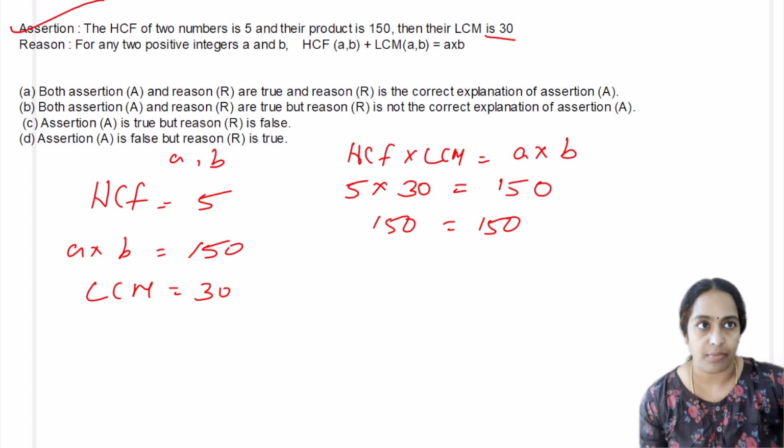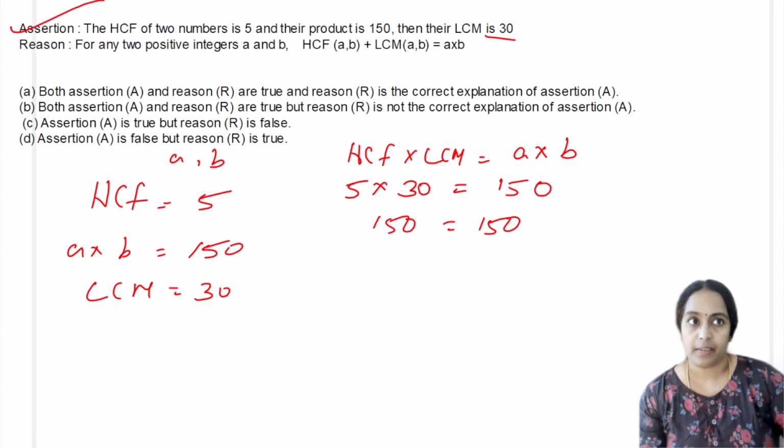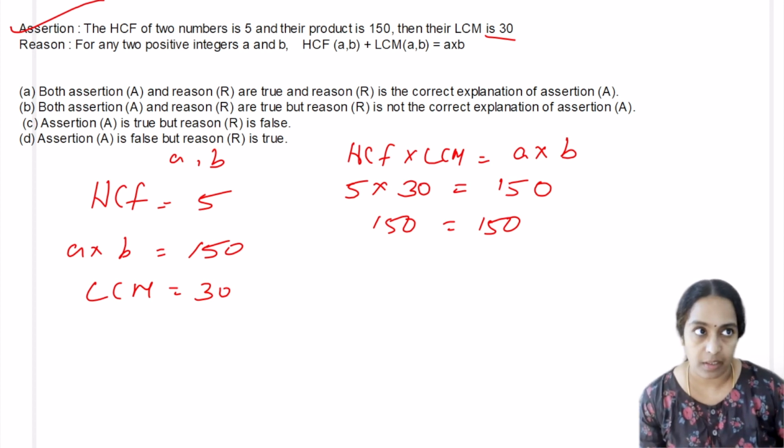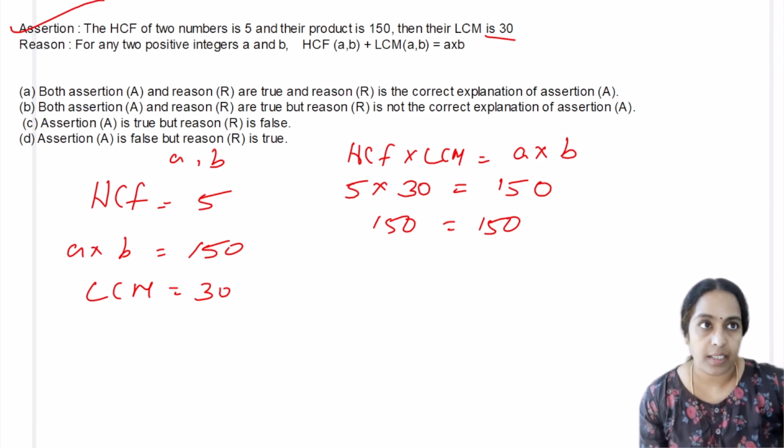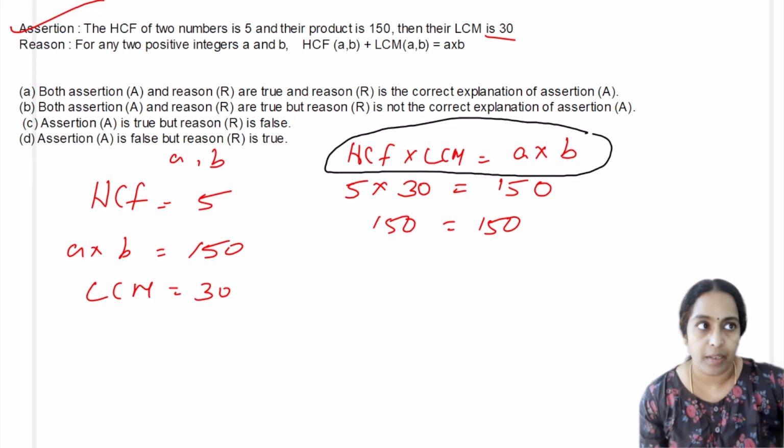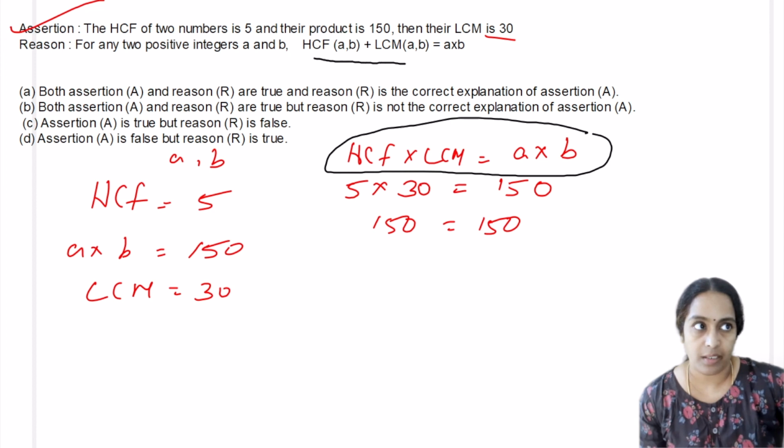Assertion statement is definitely true. Reason statement: for any two positive integers A and B, HCF. We have the formula HCF multiplied by LCM is A into B. But when we look at the formula, in a hurry, children, if you don't look at this plus sign, you will mark the wrong answer. Look at it properly. According to the reason statement, it says HCF plus LCM.